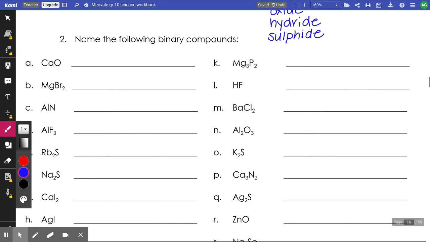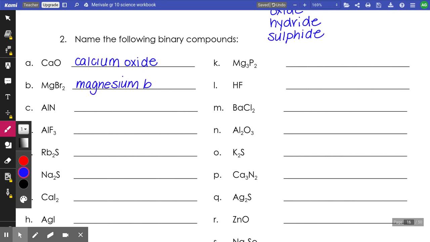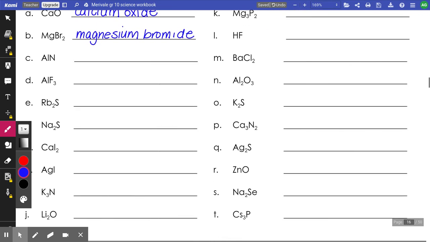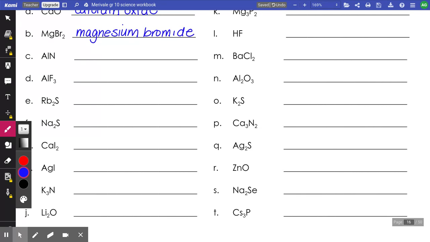Okay. All right. Calcium oxide. Magnesium bromide. Okay, pretty straightforward. Let's go down to, we'll do aluminum nitride.